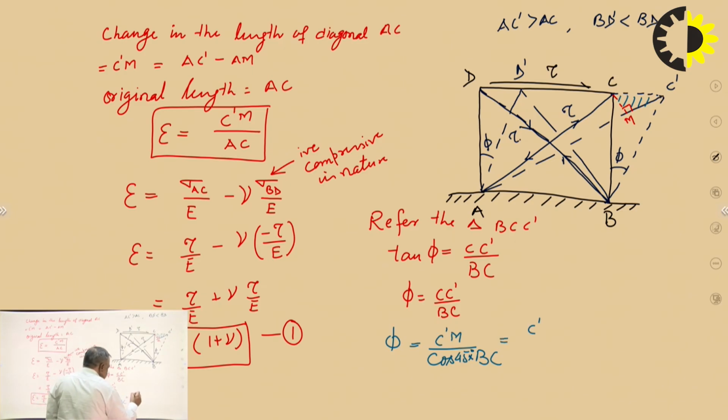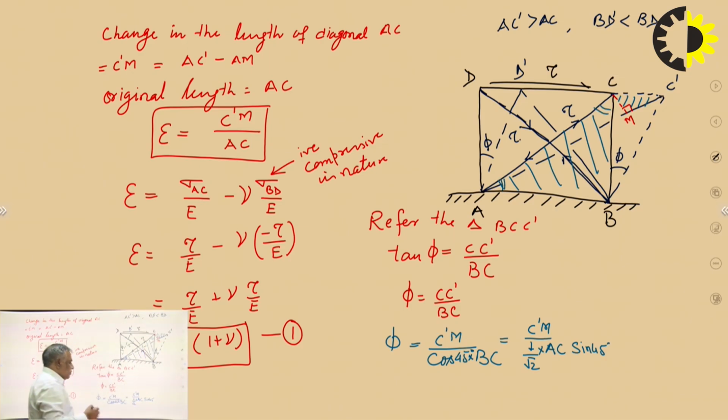So C prime M upon 1 by root 2, that is cos 45, multiplied by BC. BC is AC sin 45 degree. Considering this triangle, this is a square, so both angles are 45 degrees. So we will get 2 times C prime M upon AC.